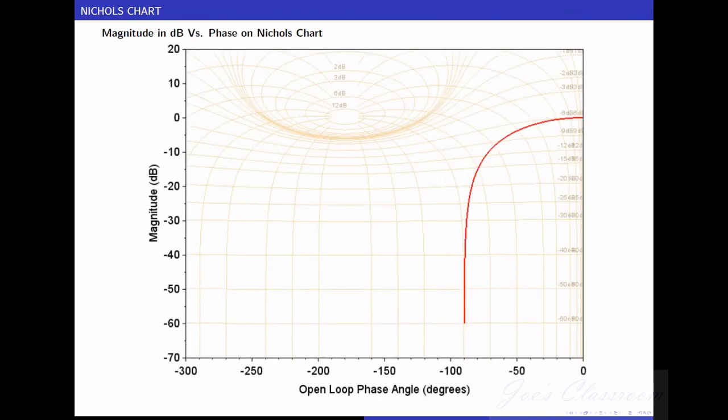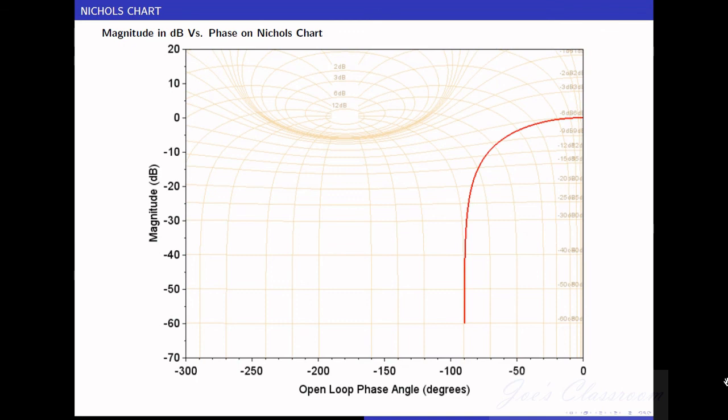There is another way of representing this frequency response also. Why not take this magnitude in decibels and the phase angle on two different axes? I take the magnitude in decibels on the vertical axis and the phase angle in degrees on the horizontal axis.